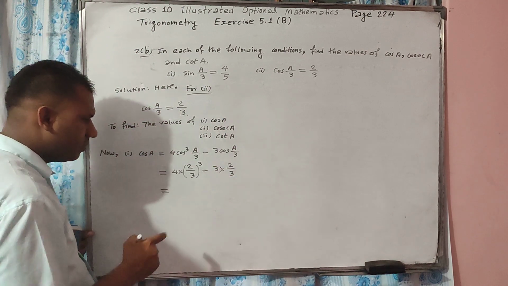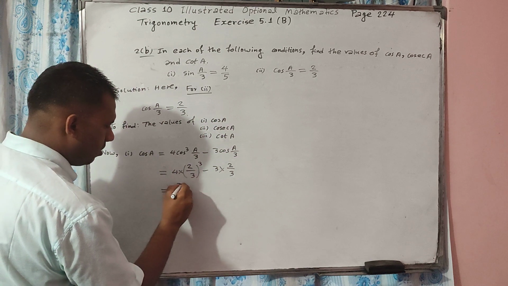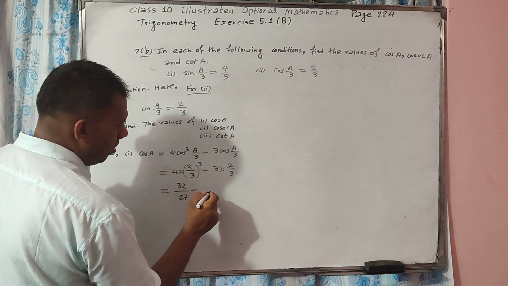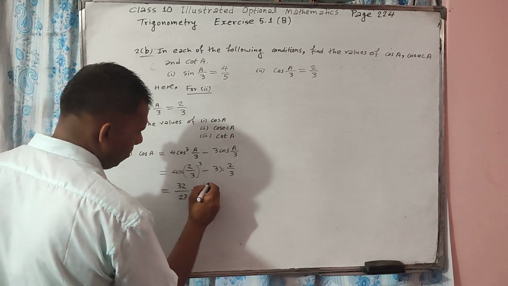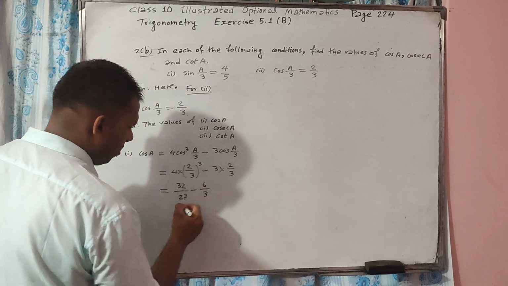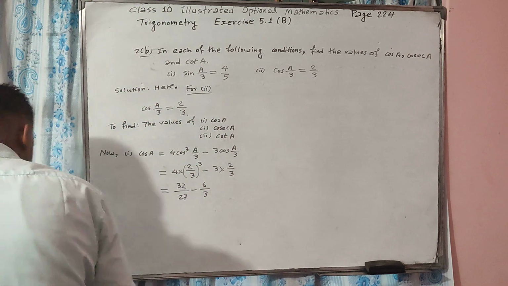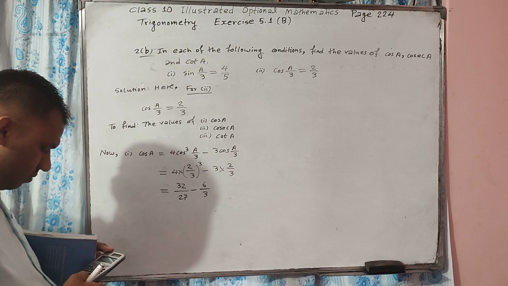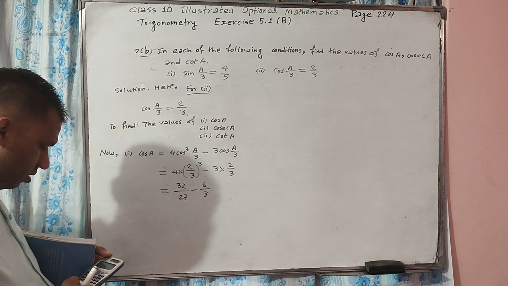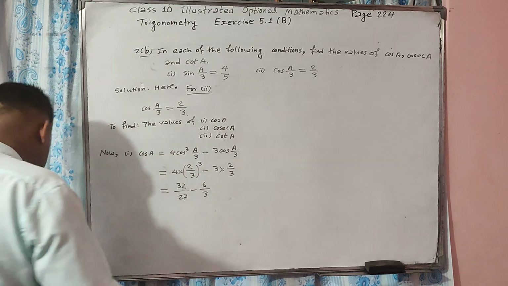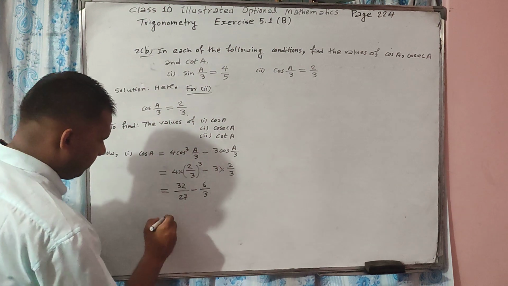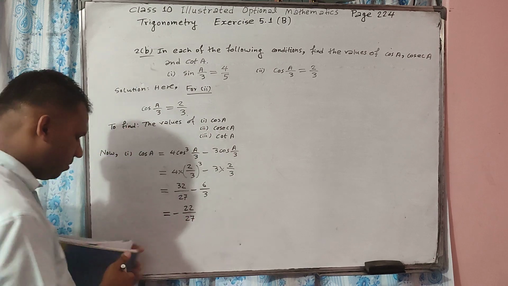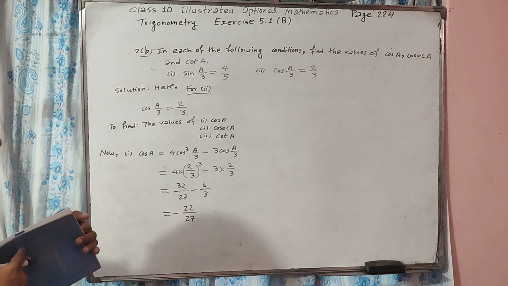This equals 8 into 4, 32 upon 3 cube is 27, minus 6 by 3. Now this equals 32 divided by 27 minus 6 divided by 3, that is minus 22 upon 27. This is the value of cos A.